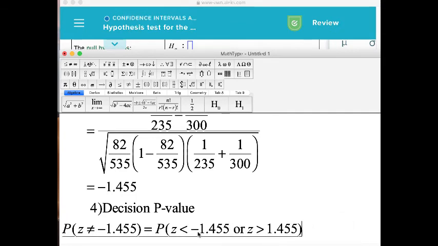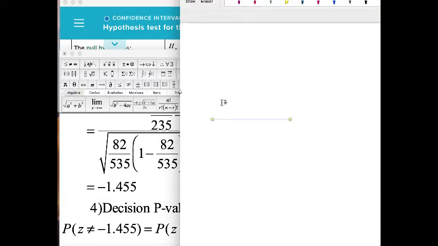It turns out on the ALEKS calculator it's easier to compute the one on the left. And because of symmetry, why don't we just do the one on the left and double it? So let me show you what I mean by symmetry by opening up Word and using the draw feature. So now I've opened up Word and I'm using the draw feature.